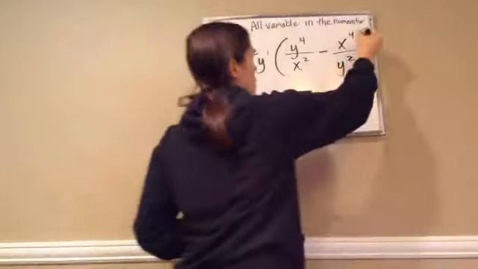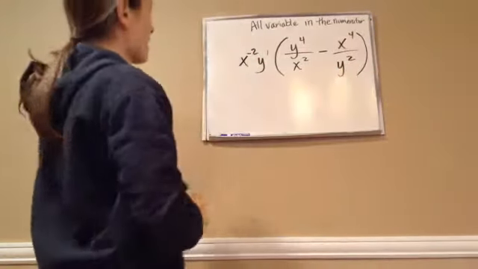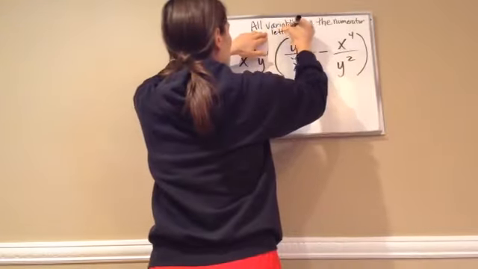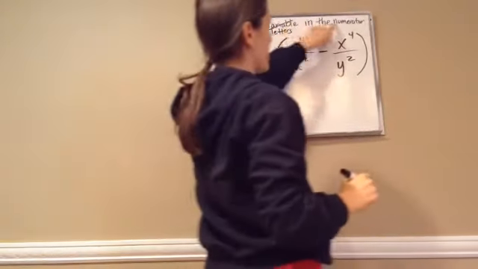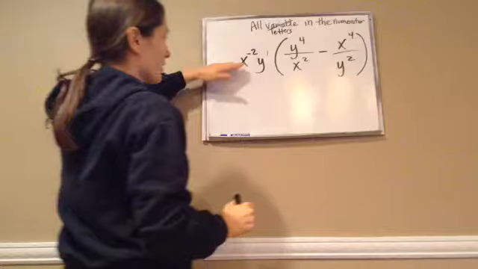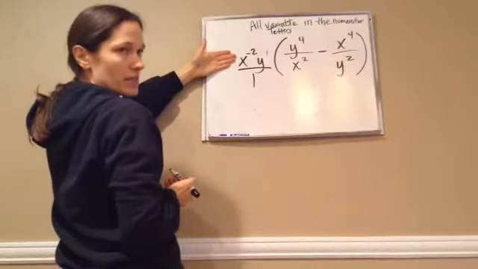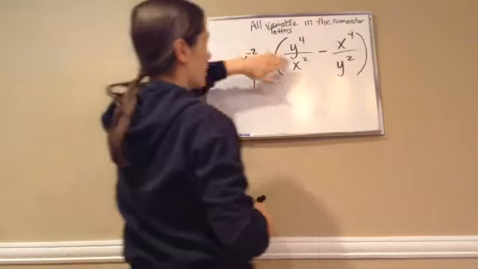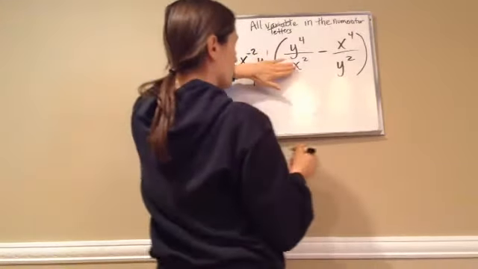Okay. Now, they want all variables, you can go in and write letters if that helps you, all letters to be in the numerator. Okay? This one is, because if it's written in the front, it's always the top number. This one is not. So let's go in and change this one.